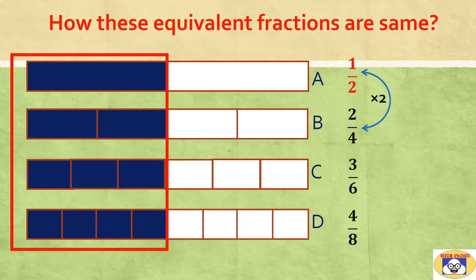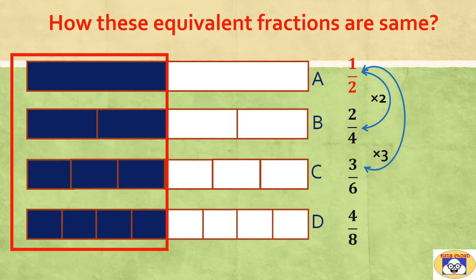Let's multiply this fraction by 2. When we are talking about equivalent fractions, we need to multiply both the numerator and the denominator with the same number. So the fraction 1 by 2 changes to 2 by 4. Further, if you multiply the same fraction with 3, a new equivalent fraction will be 3 by 6.